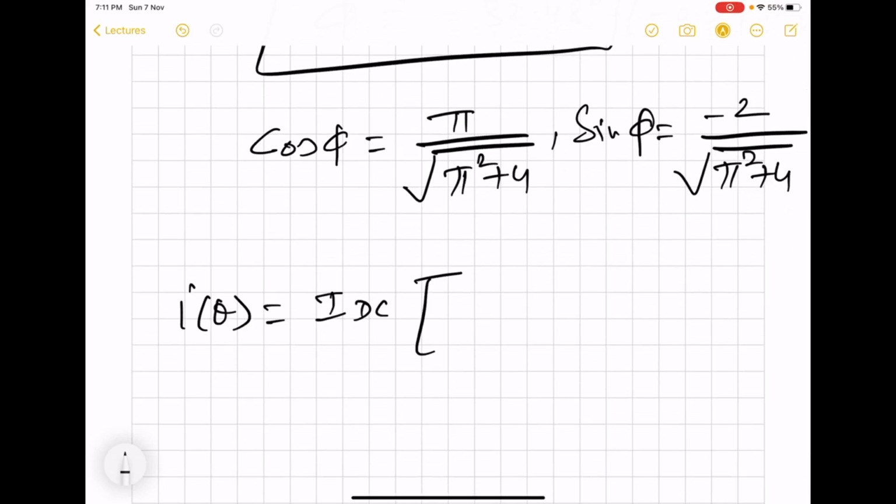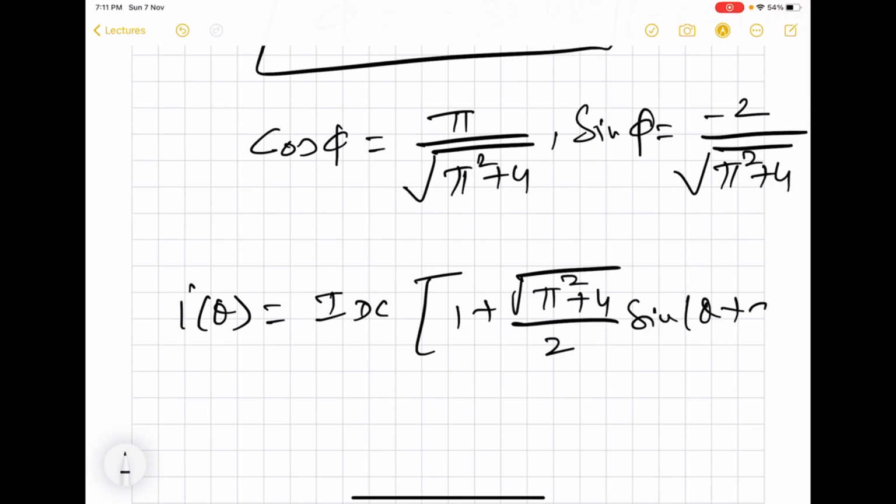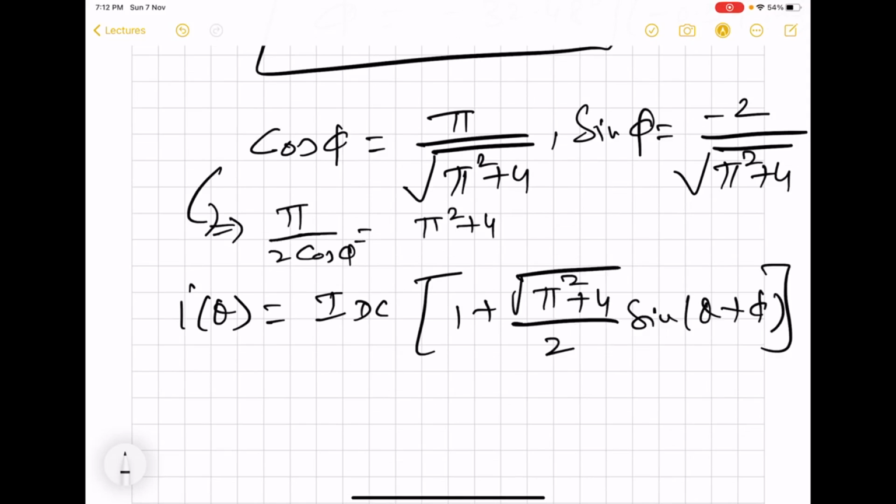So this becomes IDC into 1 plus, so we used to get pi by 2 cos phi, so that becomes square root of pi square plus 4 divided by 2 sine theta plus phi. So from here we can write value for this. Yeah, so this is what has been used here.